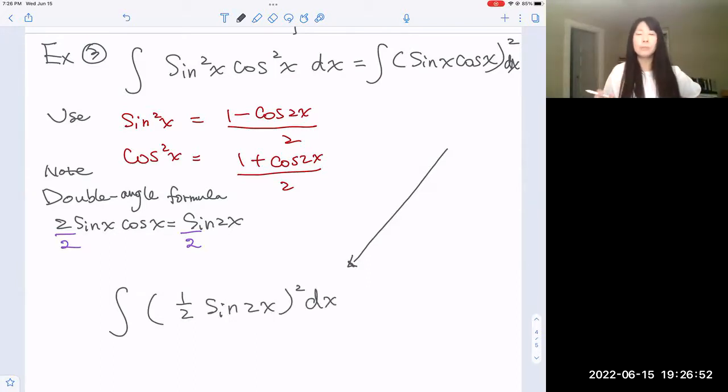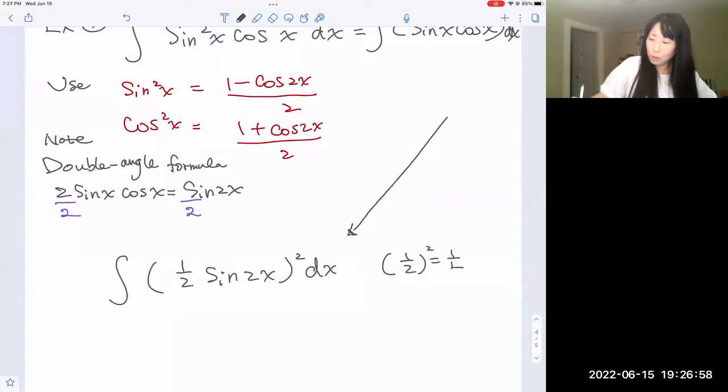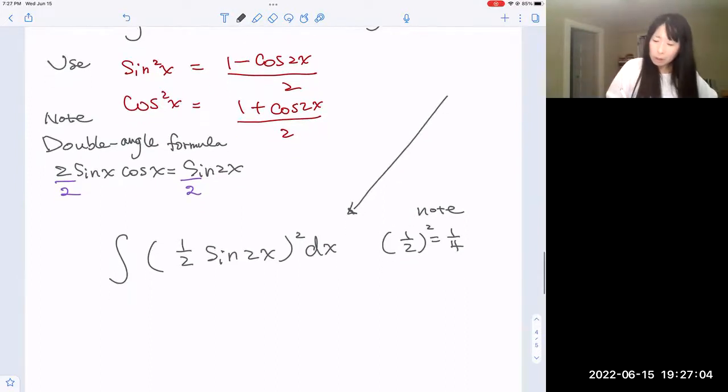All right, now 1/2 squared, which is 1/4. I want to take it out of the integration symbol. So it will be 1/4 sine squared 2x. I want to write it this way. How about that?